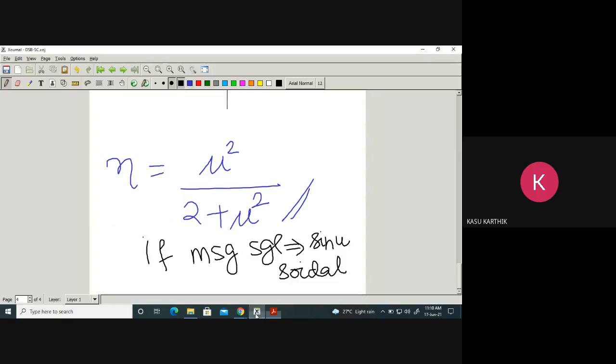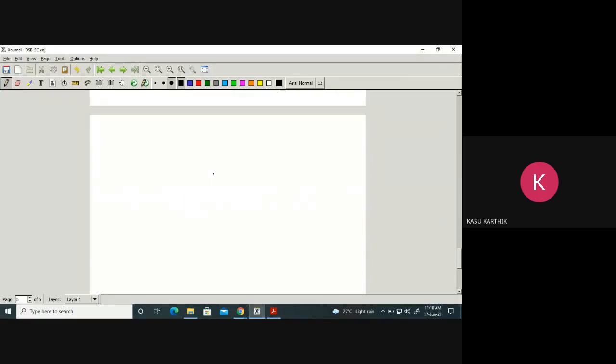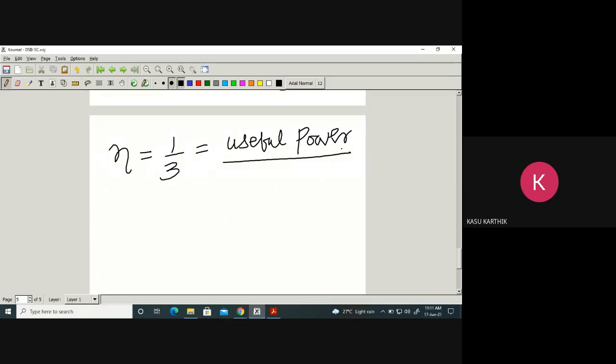Okay. What do you mean by that? Suppose I say power efficiency is 1 by 3. Eta equal to 1 by 3. Which means useful power by total power. What do you mean by this?